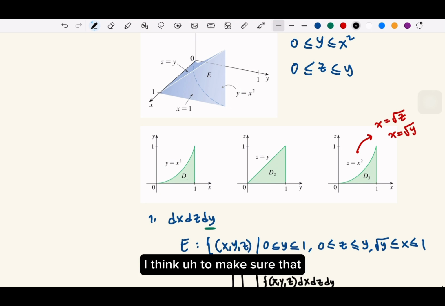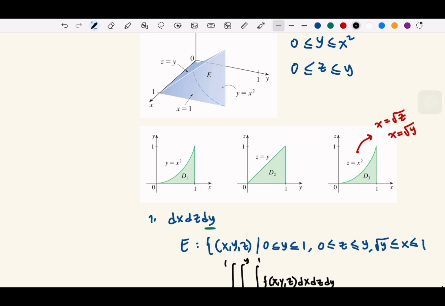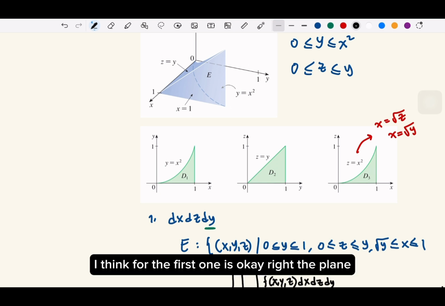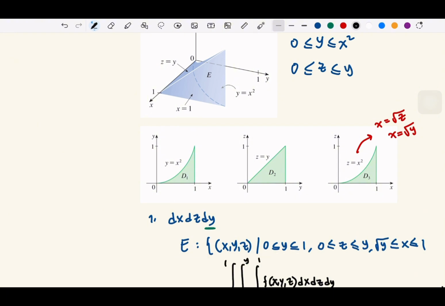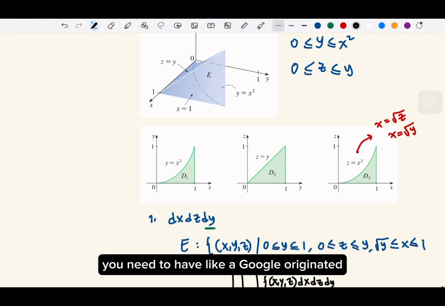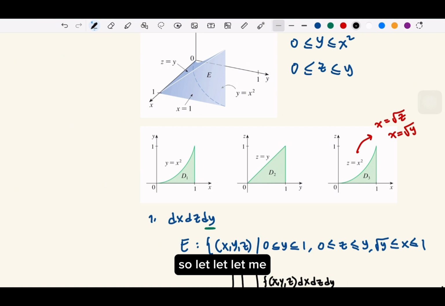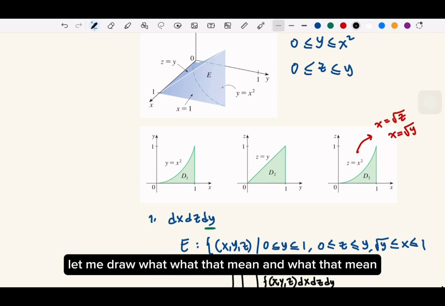I think for the first two, it is okay, right? The plane, whatever that's real. For this one, we need a good imagination. So let me draw what that means.